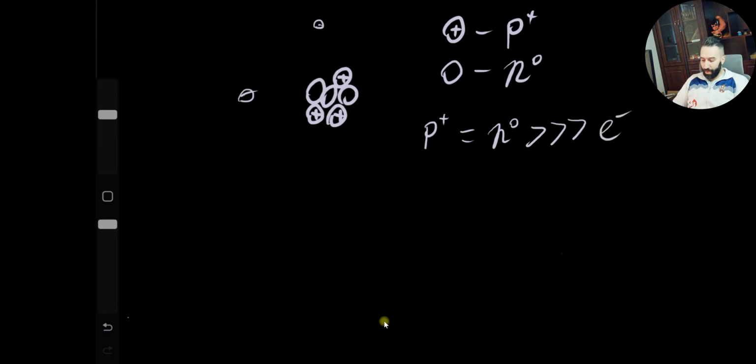One neutron or one proton equals around 1,800 electrons in mass. Around, again, that's not really equal. So most of the mass of the whole atom is in the nucleus.